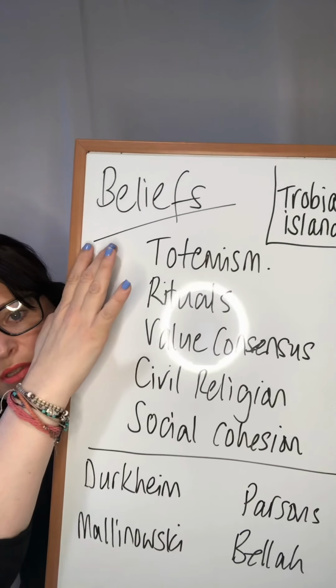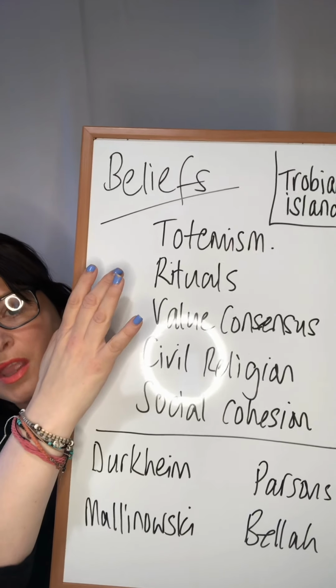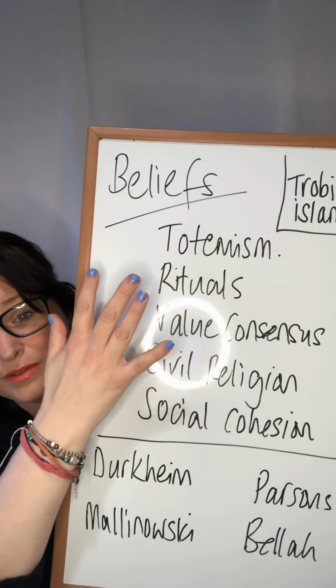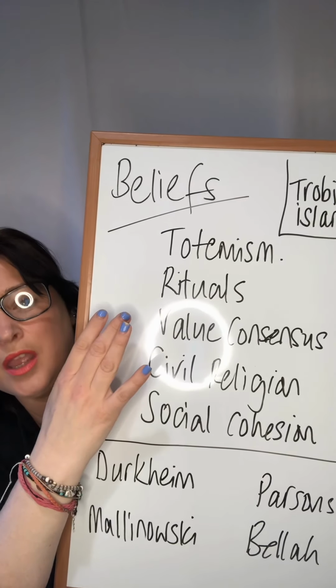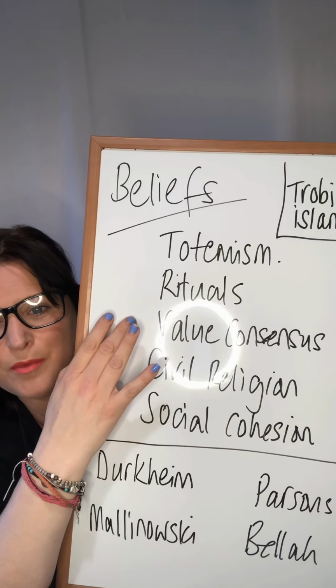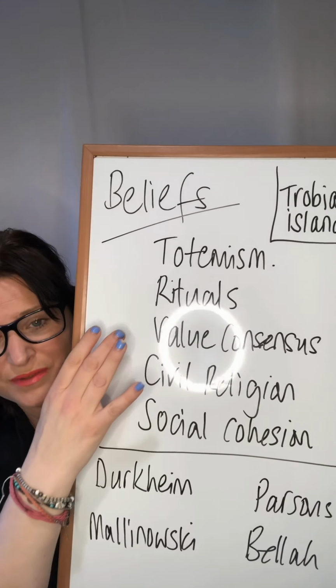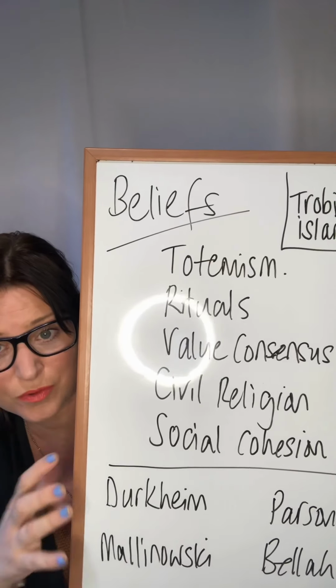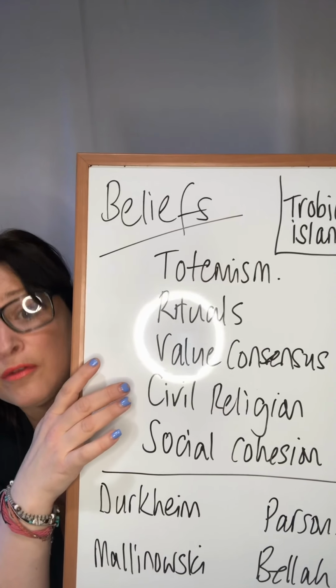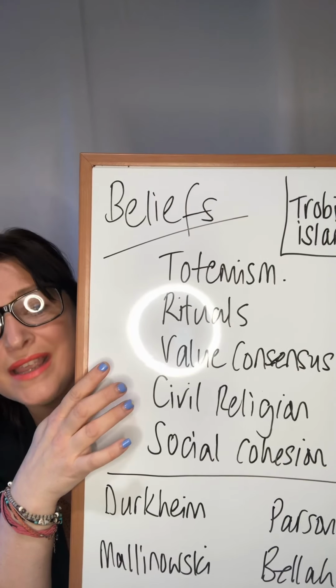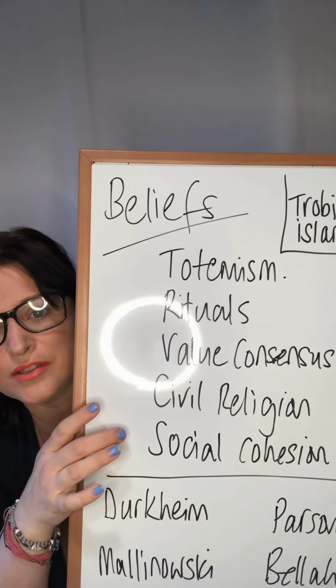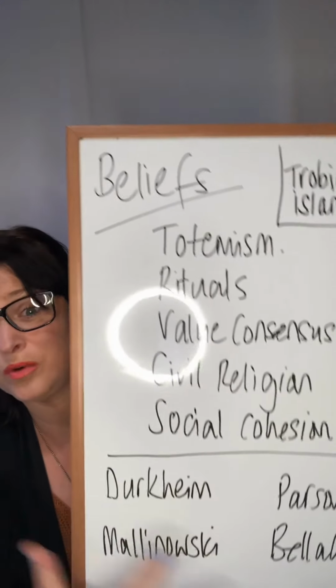So we've got totemism, which is Durkheim. We've got rituals, which links with totemism, but also links with Malinowski's work. We've got value consensus, which we've come across before, but of course that's how functionalists are explaining religion as a useful and meaningful, helpful function within society. Civil religion is Bellah, and social cohesion really is the outcome of all of these explanations.